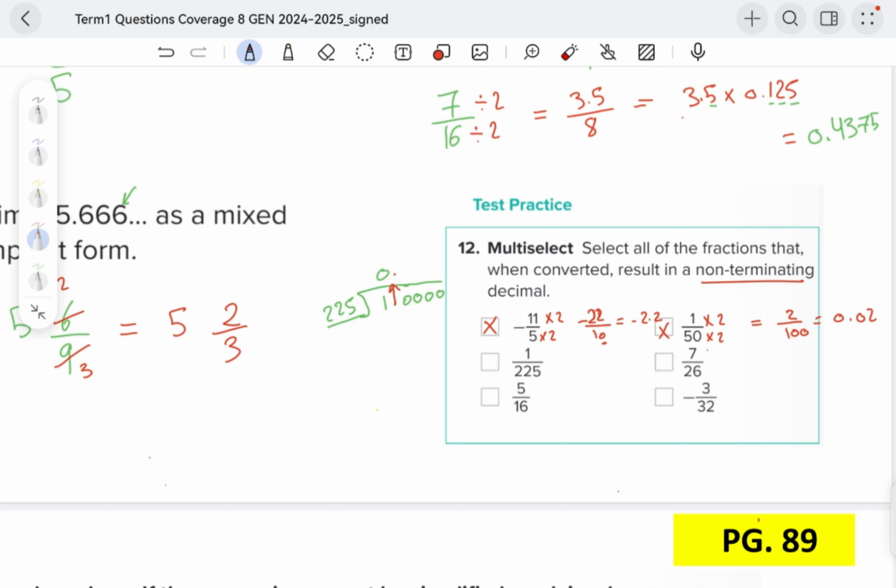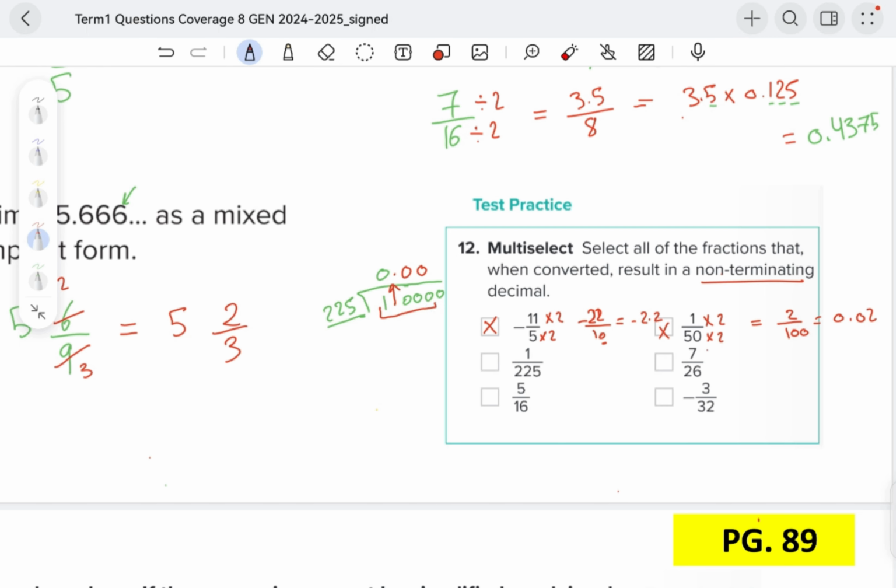Raise the decimal point up. Now divide. 10 divided by 225 is 0. Take one more 0. It will be 100. 100 divided by 225 also is 0. Now we're going to add 1 more 0. So we're going to have 1000.